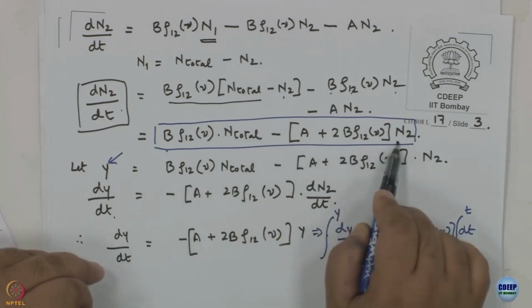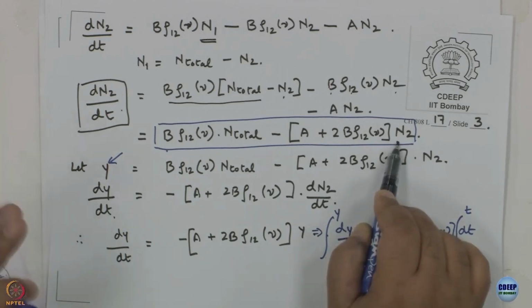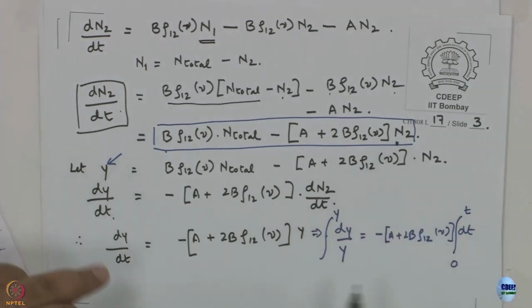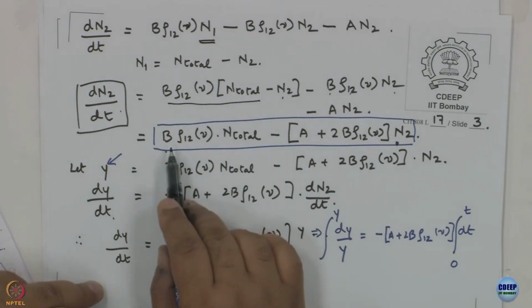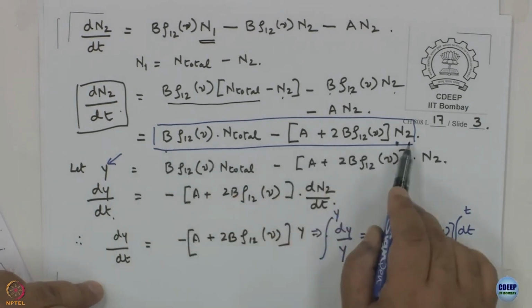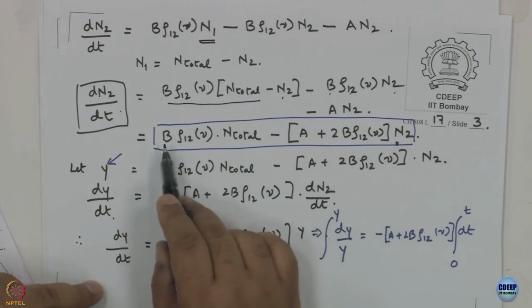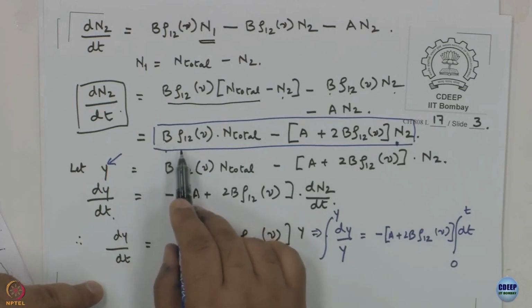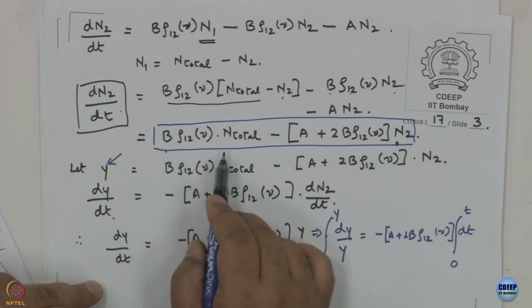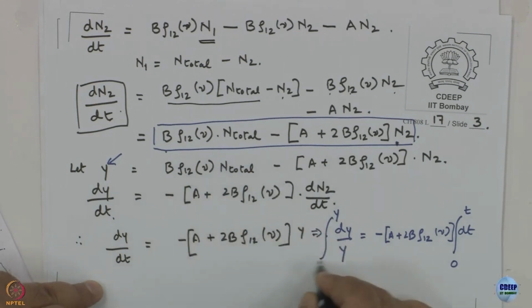There is no molecule in the second level, that is what we are working with, even though there is a little bit of a problem with that, but we can live with it for now. So, my question is, what is the value of y at t equal to 0? Second term will be equal to 0. So, y will be equal to b into rho 1 2 of nu multiplied by n total, right, that is a constant. So, that is the limit, which is important, b rho 1 2 of nu n total.